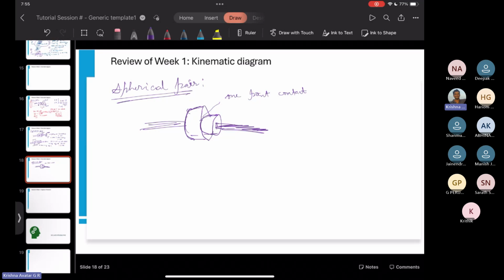So which means that this is grounded. This is grounded. Now grounded means this block here will not move. So will not move implies that, what all is happening here?